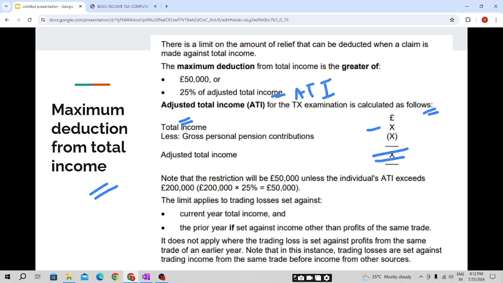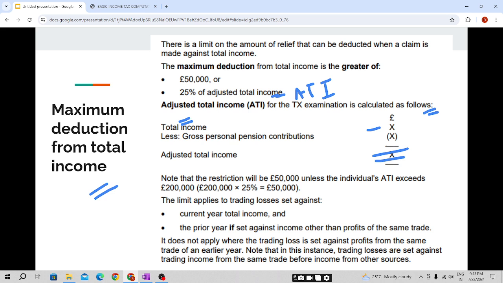I hope this is clear. But students, please do remember, in our pension chapter also, we were calculating a figure like this. Please do revise the rules. And under the personal allowance, as we have seen, we were calculating the AI.